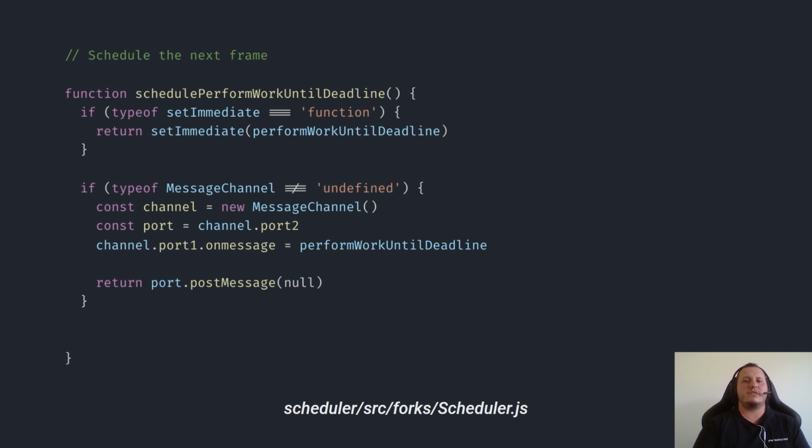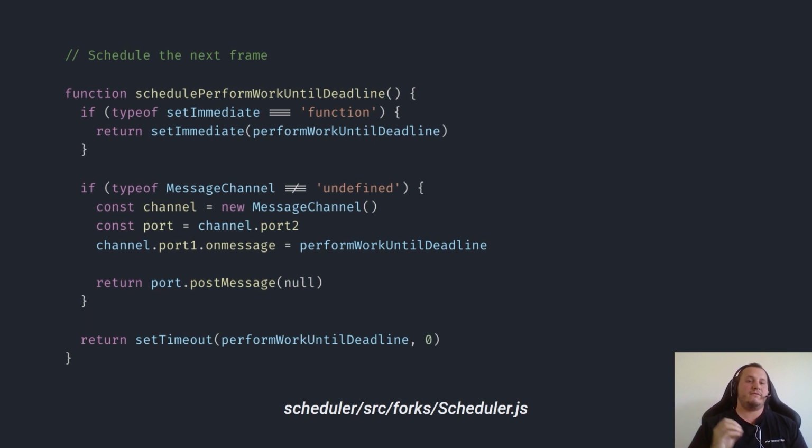For workers or DOM environment, React uses the MessageChannel. It's practically the same behavior. And last but not least, for non-browser environments, it uses the setTimeout function with the trick of setting the timeout to 0. The problem with that is that setTimeout 0 doesn't mean immediate.